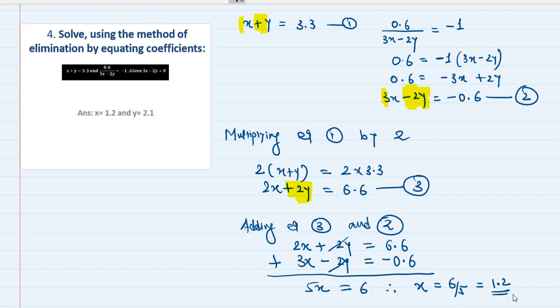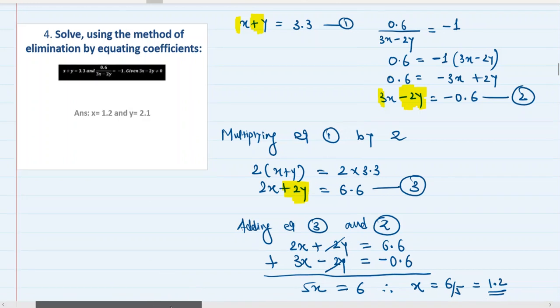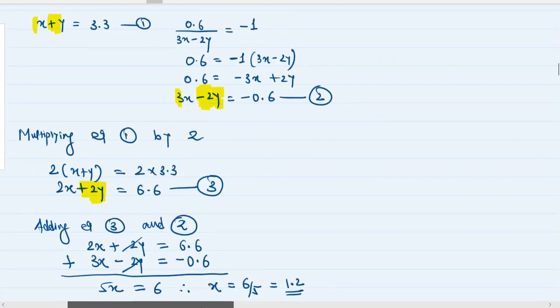Here you go, you get the value of x, right? So the techniques which I'm showing you, that is how to choose the coefficient, and if the coefficients have got opposite signs or same signs, what to do with them, how to eliminate, these things will make your process easier. Now what is left? We just have to substitute the value of x in one of the equations, correct?